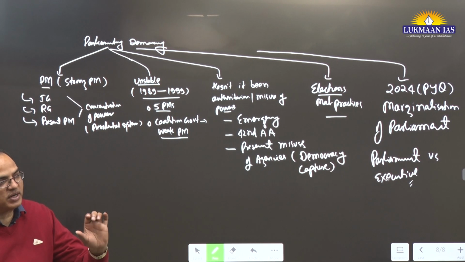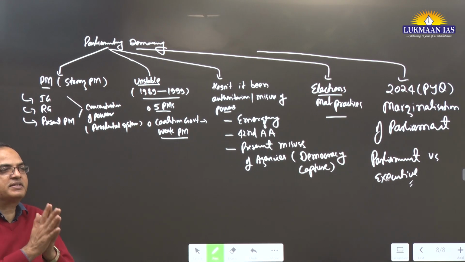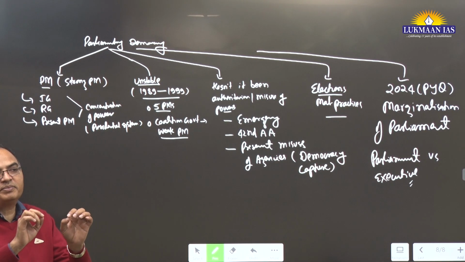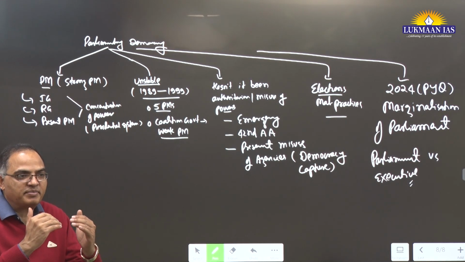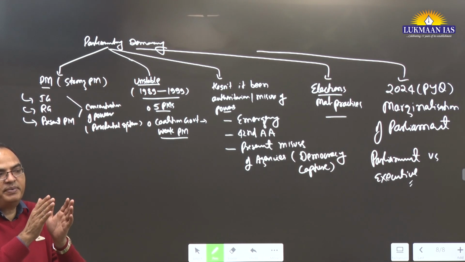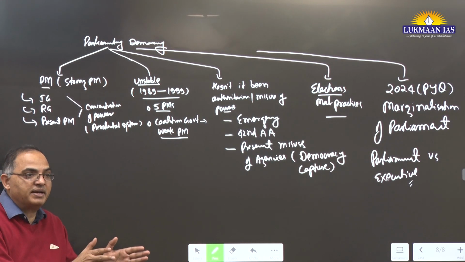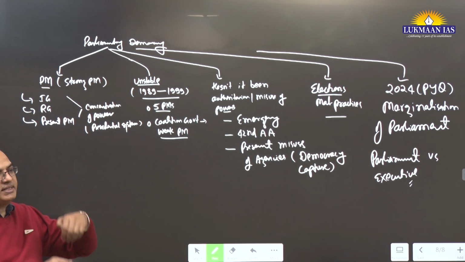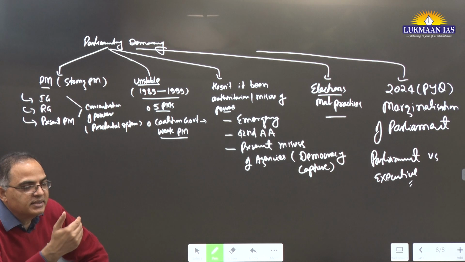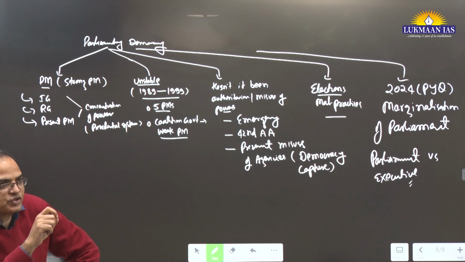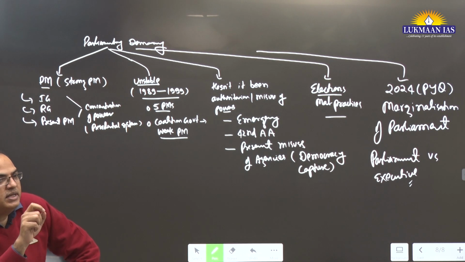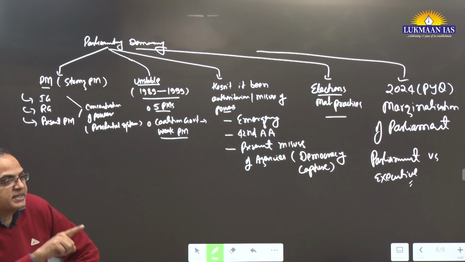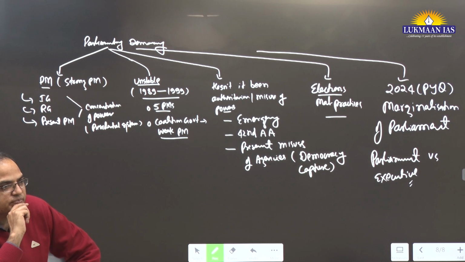What we are trying to talk about, let's take this. See, the framers of the constitution were not able to envision some of the flaws of parliamentary democracy, which have come because of the decline in parliamentary democracy. Rather than telling these points, I will start with another point. Let's take the presidential election. You should know that in a presidential election, the president has to secure 50% plus one vote.